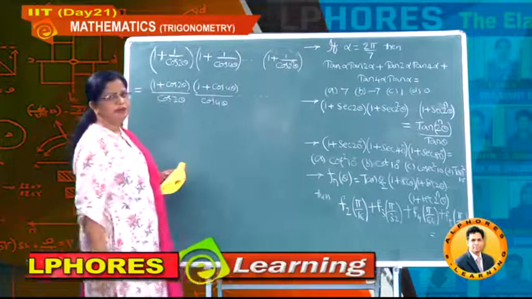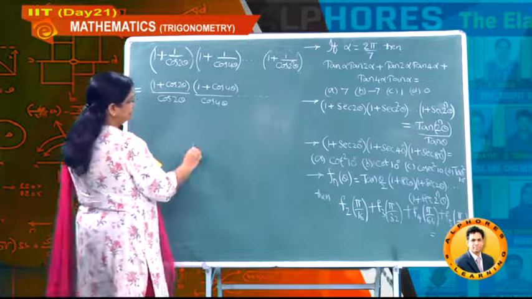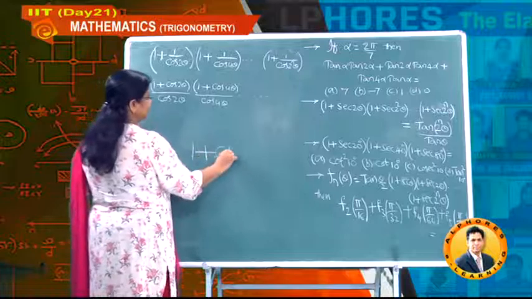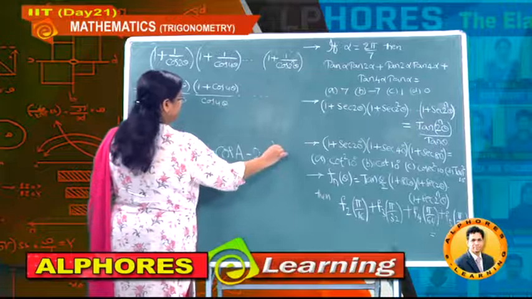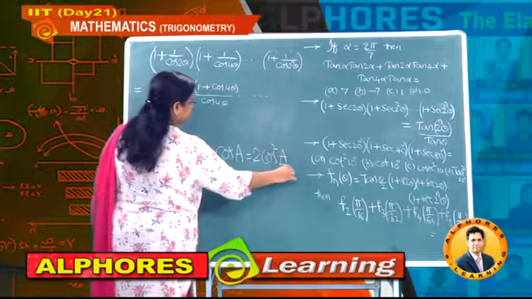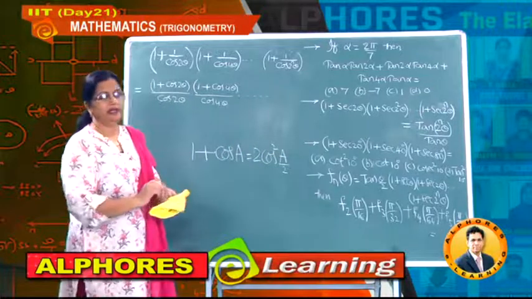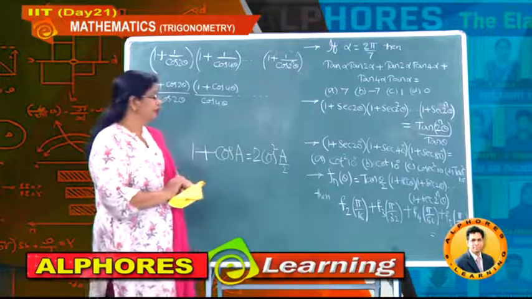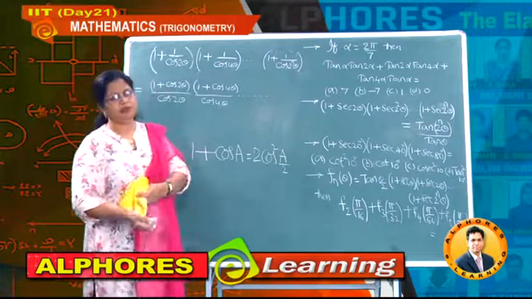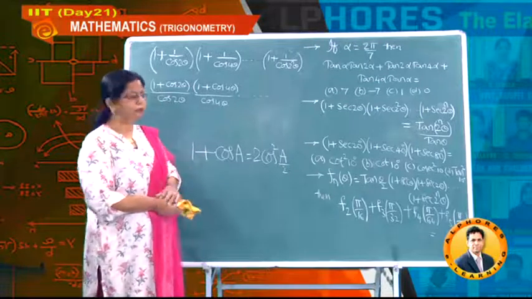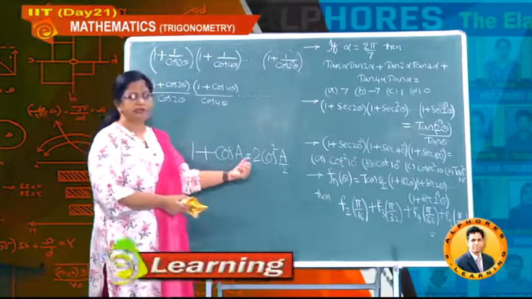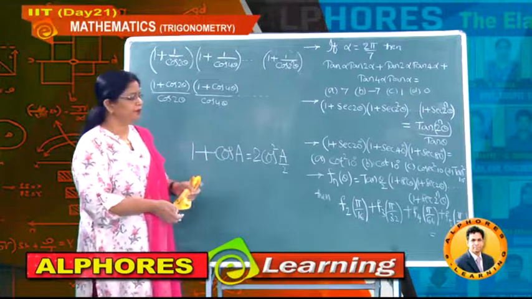For 1 plus cos 2 theta, you have the formula 1 plus cos A equals 2 cos square A by 2. Students, you know about this formula; earlier also we said that this formula repeats many times in our problems. So 1 plus cos A is 2 cos square A by 2, whereas 1 minus cos A is 2 sin square A by 2.